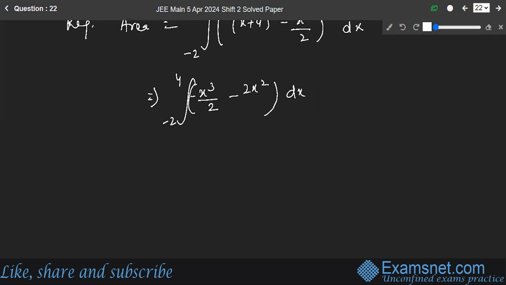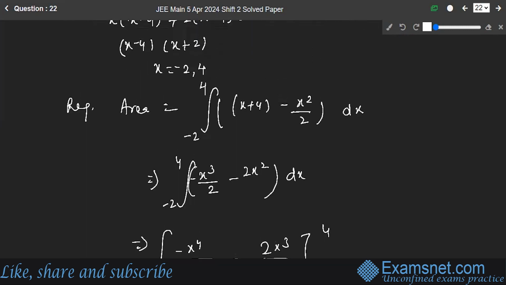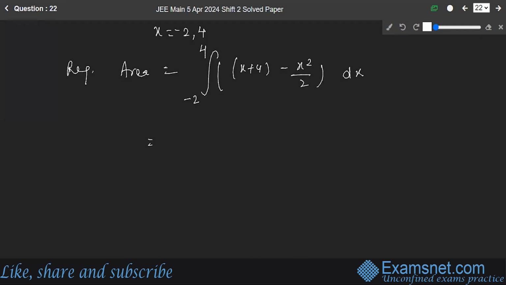Sorry, I'm so sorry. This was minus. I shouldn't have. Wait. Here was the minus sign between them. I don't know why I multiplied them. So this is the integral of x plus 4 minus x square by 2 dx.